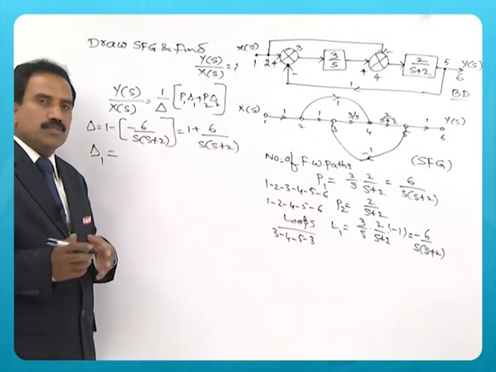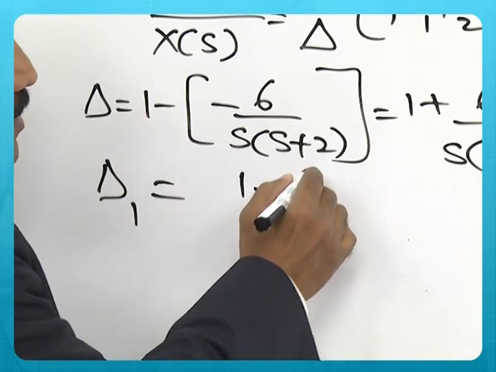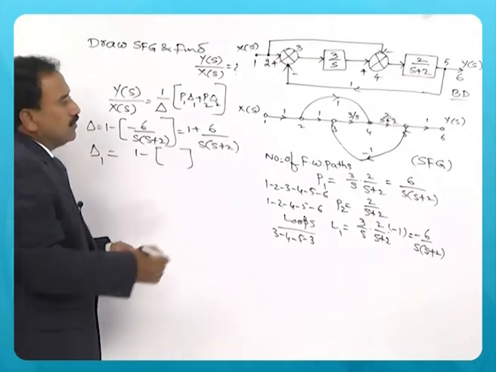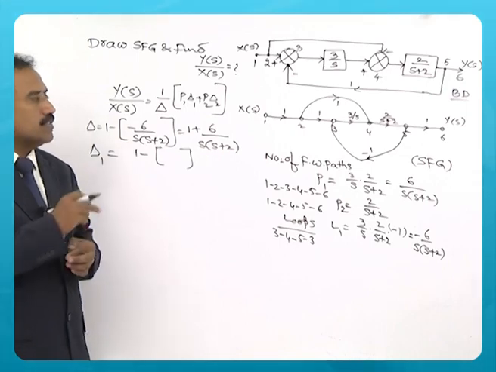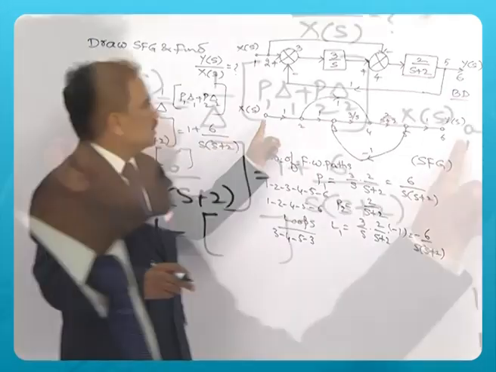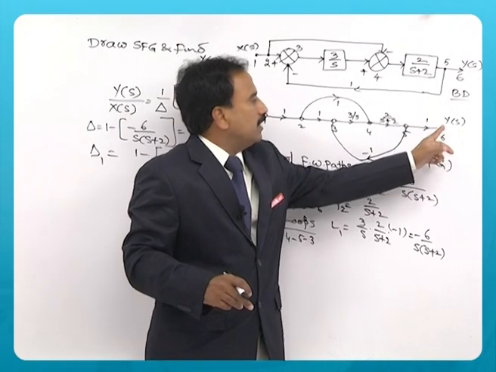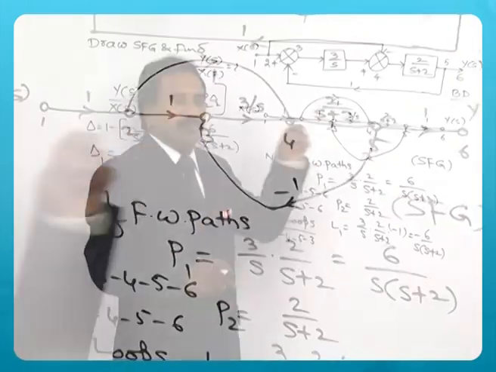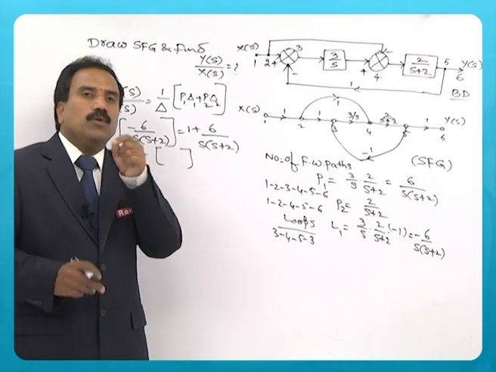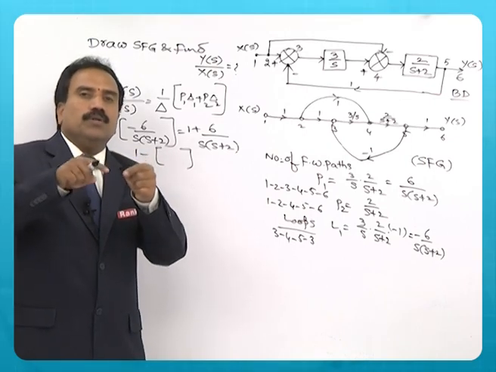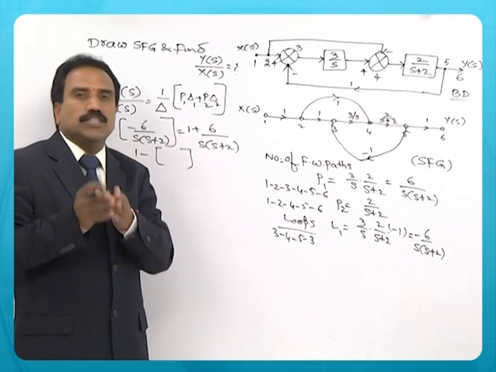Delta 1 is 1 minus the sum of the loop gains which are not touching the first forward path. You can see the first forward path and this loop are actually touching. Touching means even if there is one node common between the loop and forward path, we say it is touching.